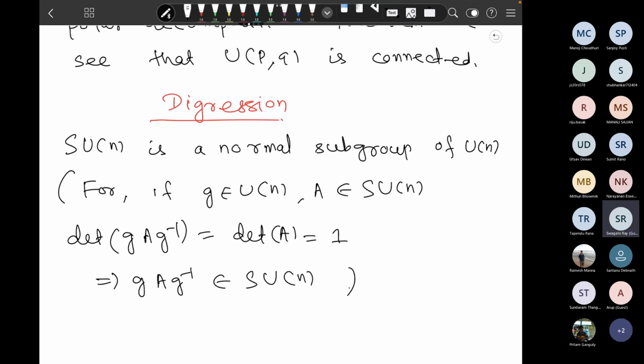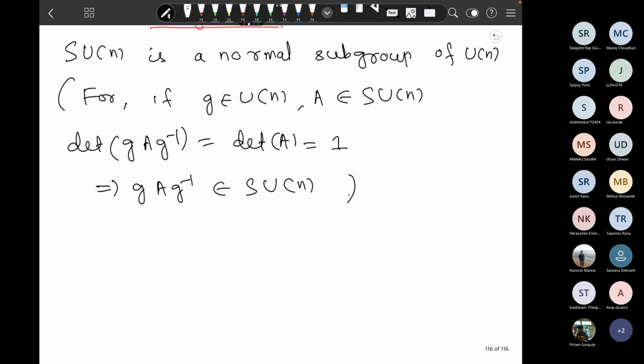The kernel of a group homomorphism has to be a normal subgroup. Yes, actually SUN is the kernel of the homomorphism determinant. For that reason, it is also normal.